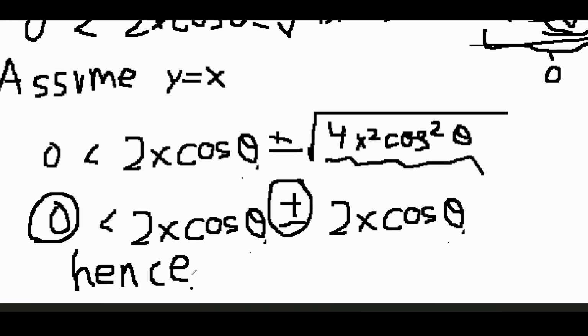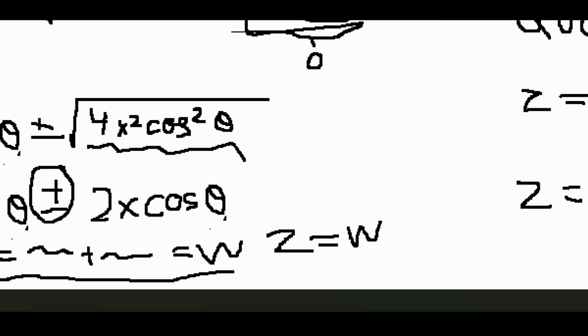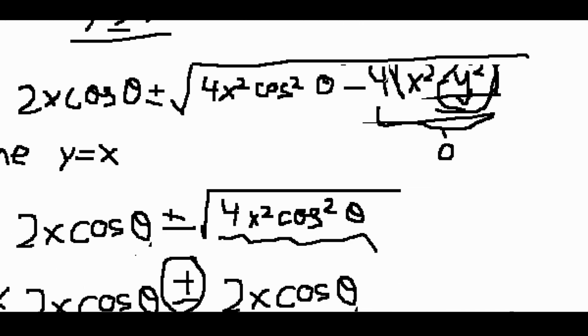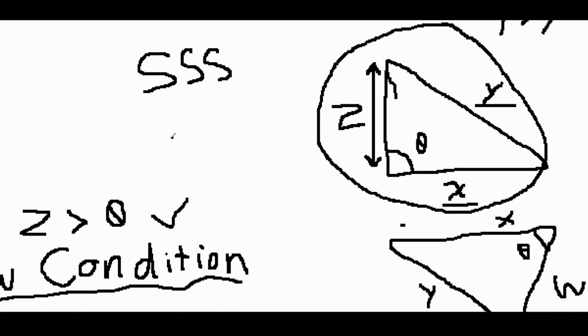In the minus case it would become 0, hence we must have that z is equal to plus cosine of something else. So we can do this entire process for w, and we can have z equals w. Also note that there's a minus sign there in my proof. Now we can apply SSS using this new fact, and mission accomplished.